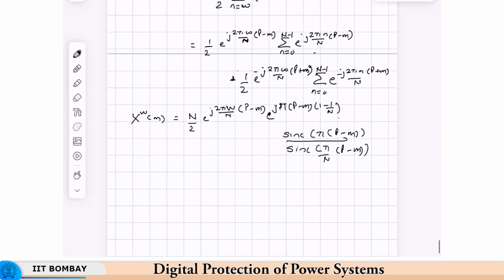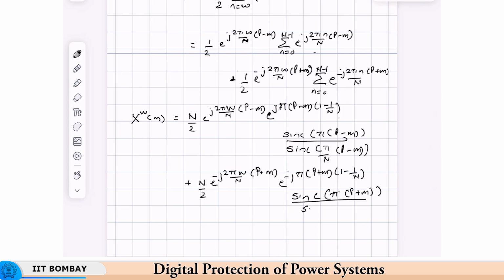The second term similarly will be n by 2 e raised to j 2 pi w by n p plus m e raised to minus j pi p plus m into 1 minus 1 by n sinc of pi p plus m upon sinc of pi by n p plus m.